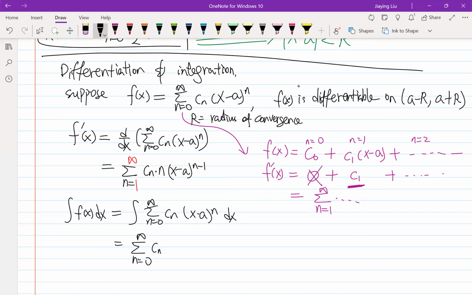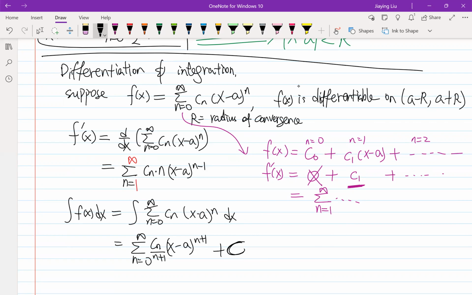Cn doesn't get involved in the integration. What about (x minus a) to the n? When we integrate something like that, we just add 1 to the exponent, but then we have to divide by the new exponent. Right, that's integration. And don't forget, we have to add a constant C at the end whenever we're finding an antiderivative.